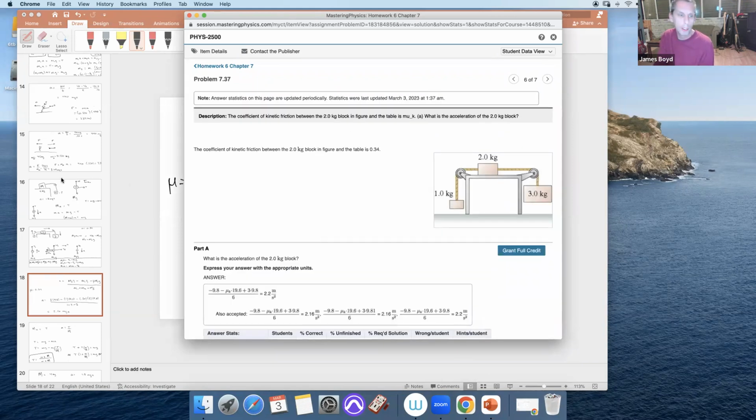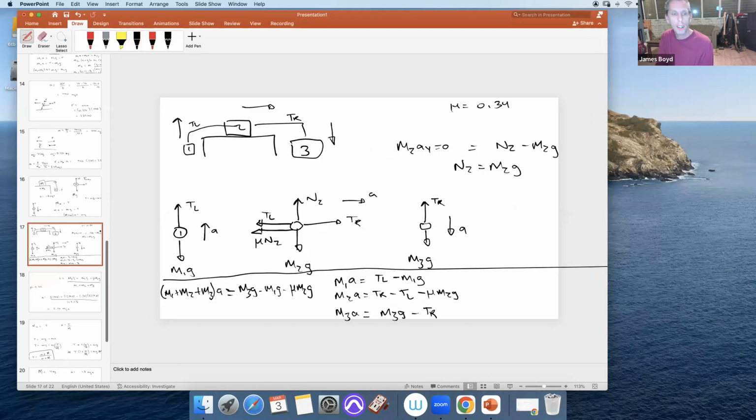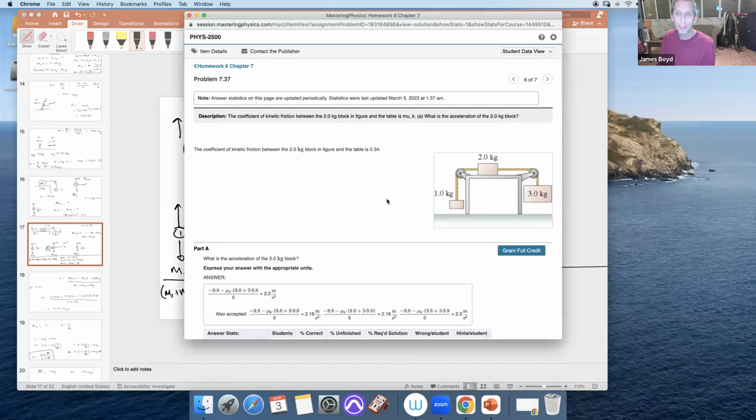So just make sure you know how to write the free body diagram for a hanging mass or a mass on a horizontal surface. You do have friction. You had to know which way this thing was going to go. But if you look at this problem, 3 is going to fall, 1's going to rise, because 3 is more massive than 1.